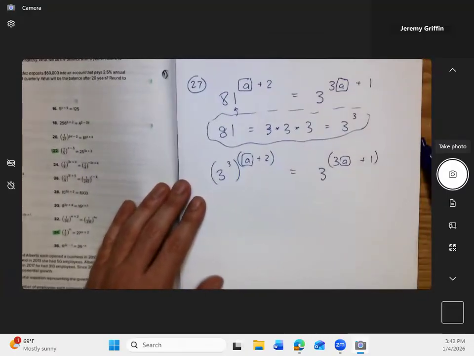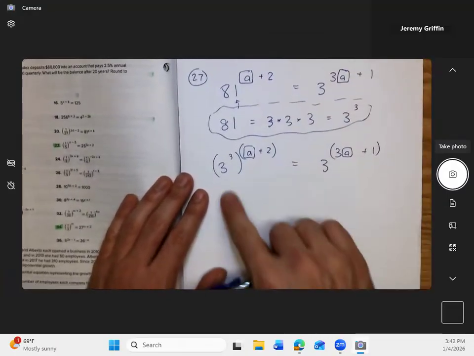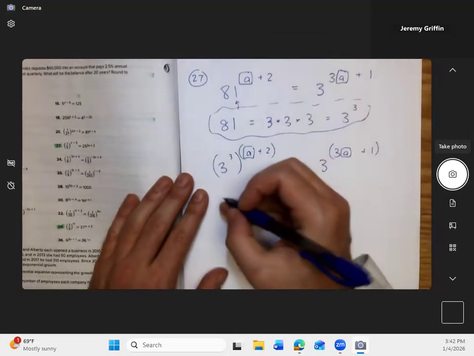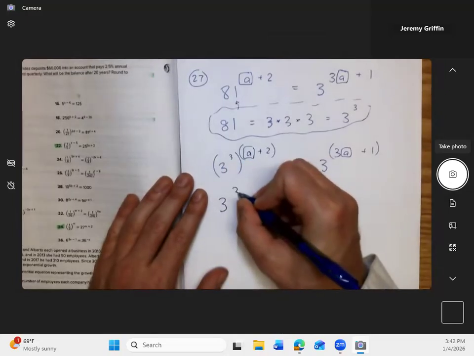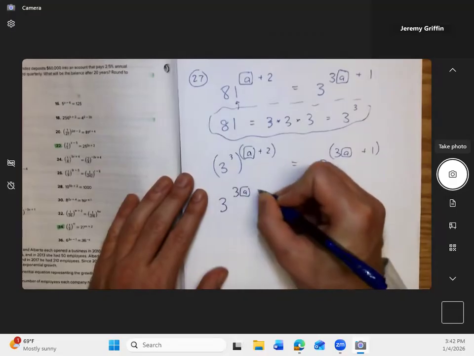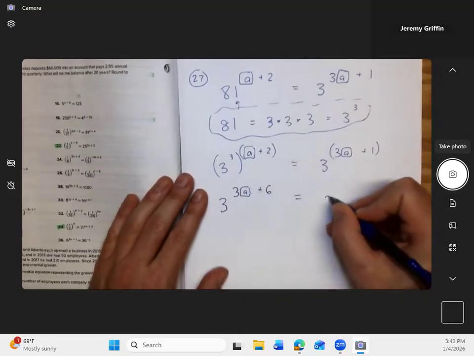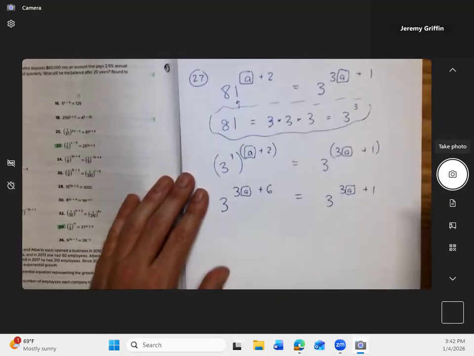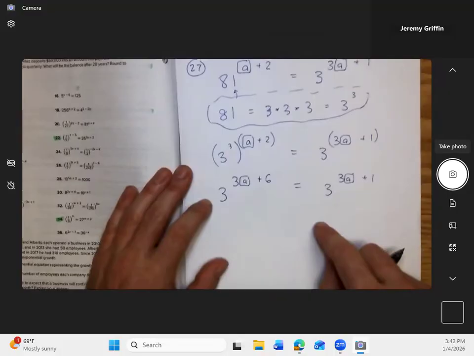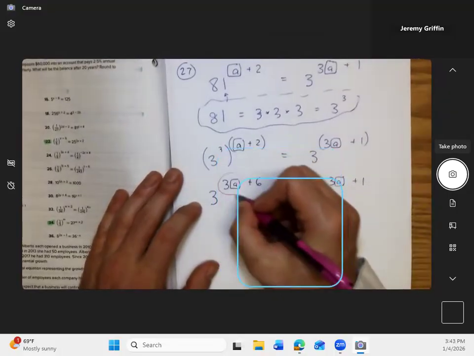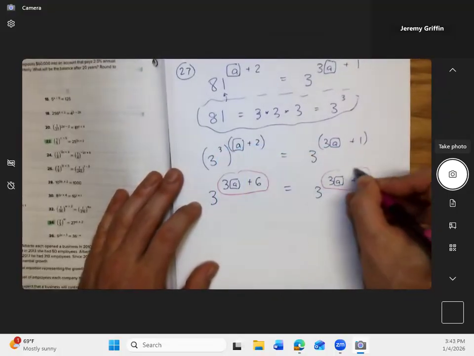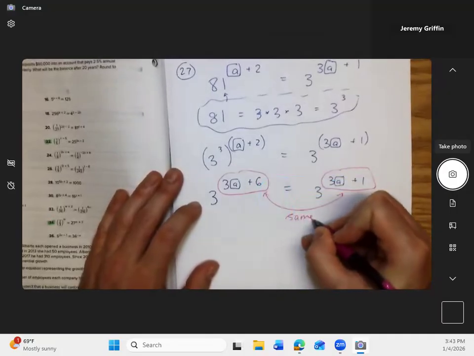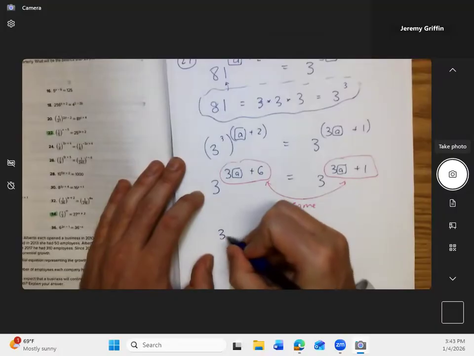Next step, distribute that exponent, because power to a power I can multiply. So 3 to the power of 4a plus 8 equals 3 to the 3a plus 1. Right, so 3 to the power of this equals 3 to the power of that, so this and this must be the same. Bring that down.